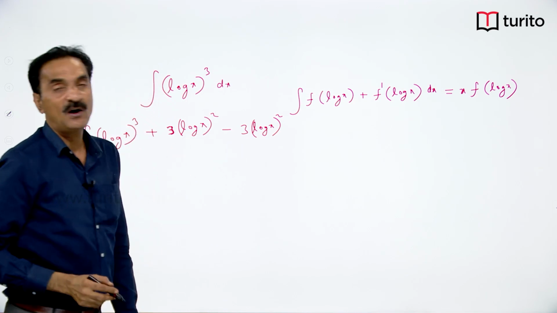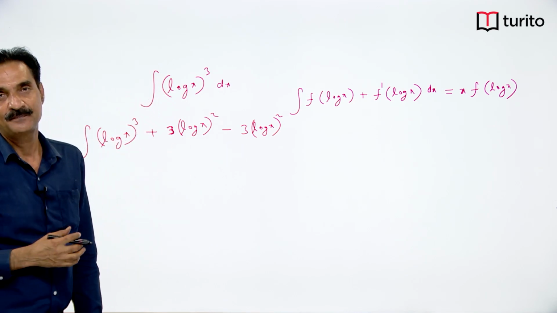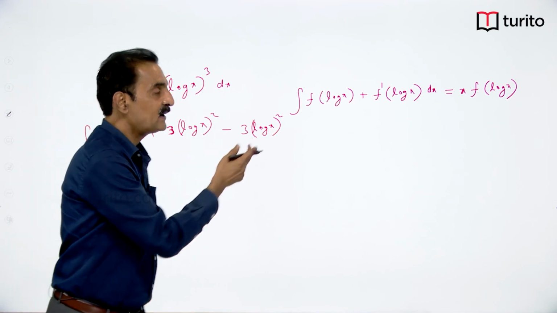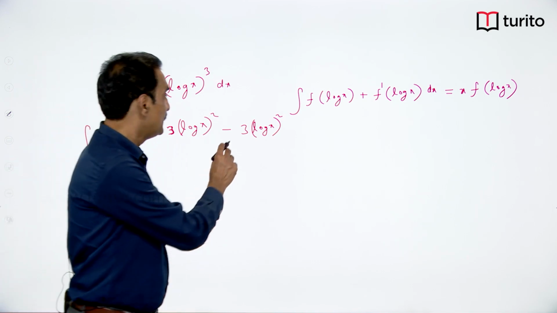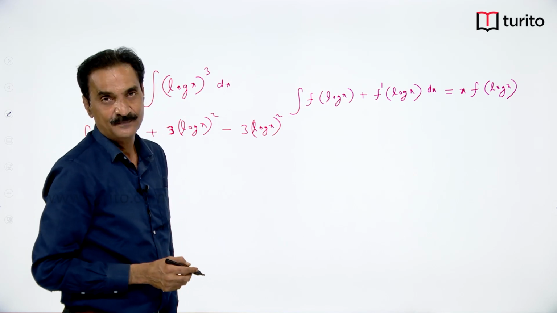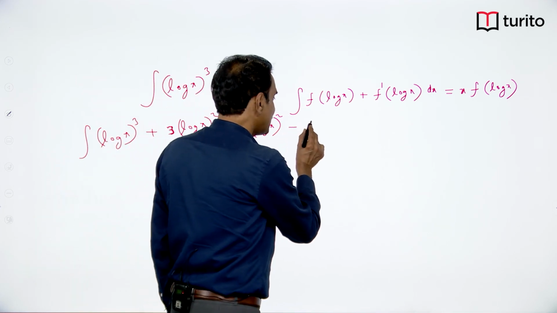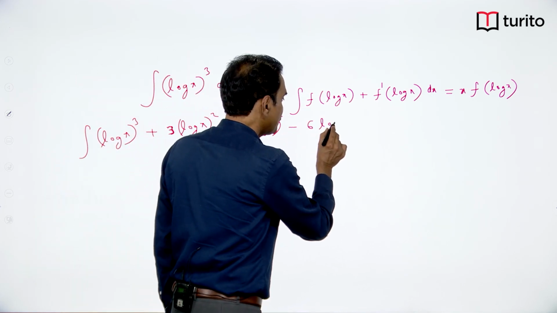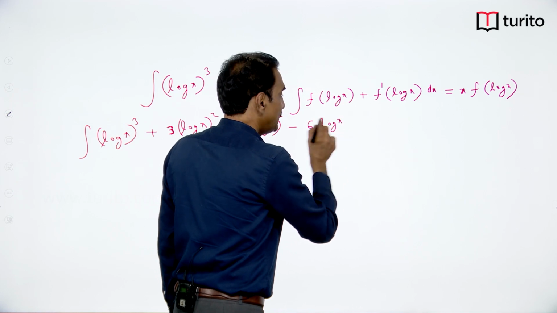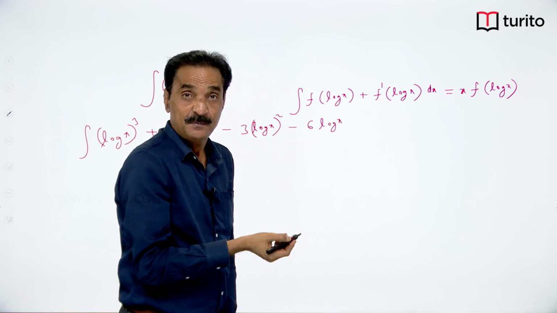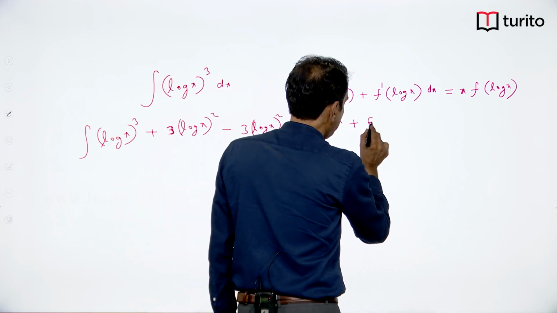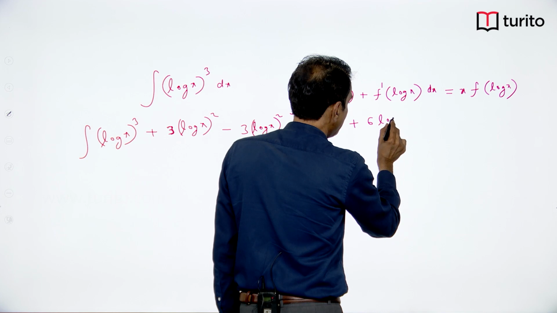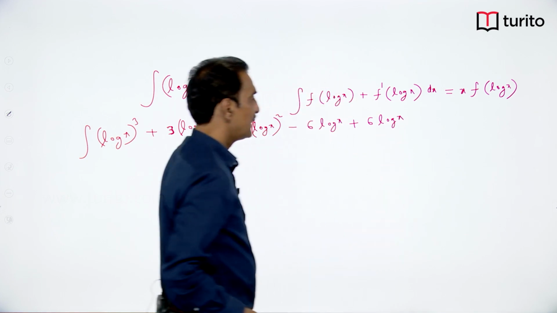Again, if you take minus 3 (log x) whole square as f of log x, then f dash log x will be minus 6 log x. So, write minus 6 log x and write plus 6 log x to cancel it, plus 6 log x.